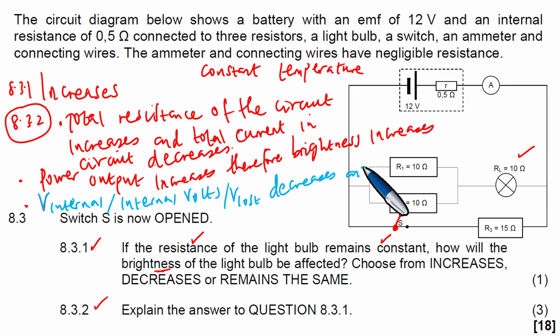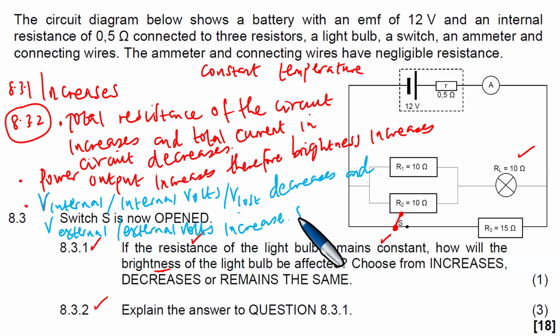And V external, which are the external volts, increases. Okay, now let us discuss these together and see what then is the explanation for the light bulb to actually have its brightness increasing.